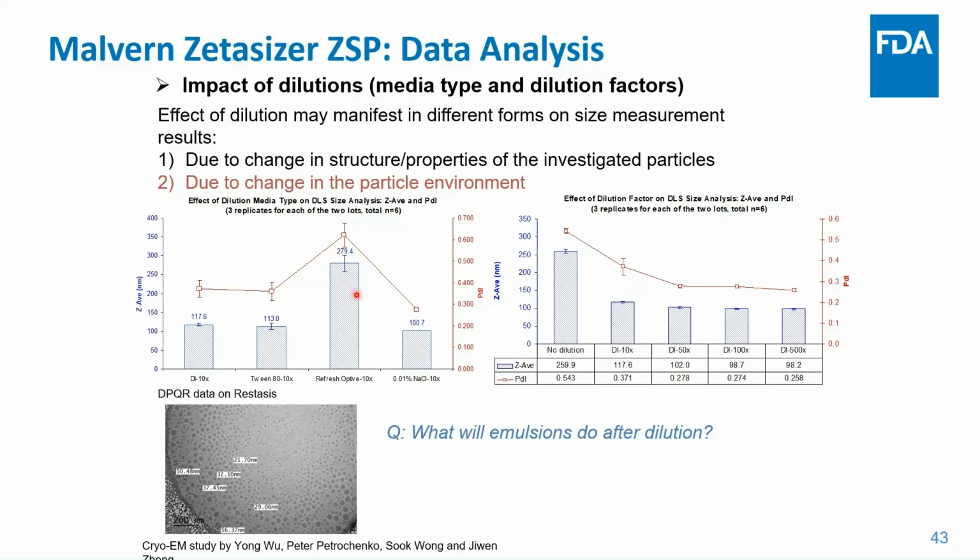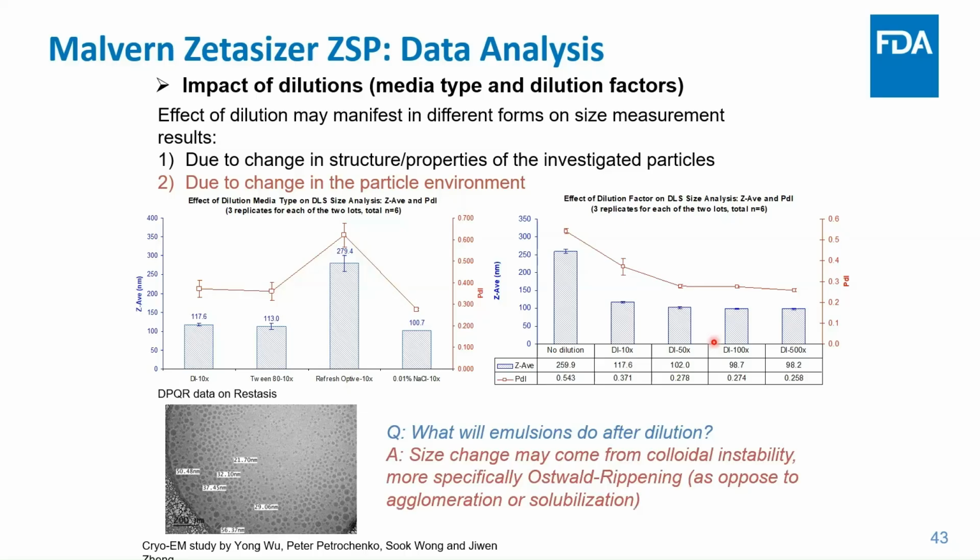And there's obviously a difference in the observed particle size. One of the questions was, if we dilute this sample, how does that impact particle size? With no dilution, we see a Z average of about 250, and then it decreases to about 98. So what is happening? Is this dissolving? Is it actually getting smaller?